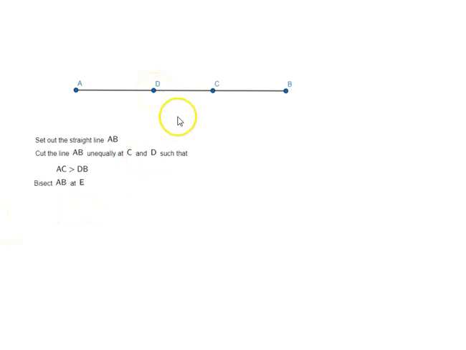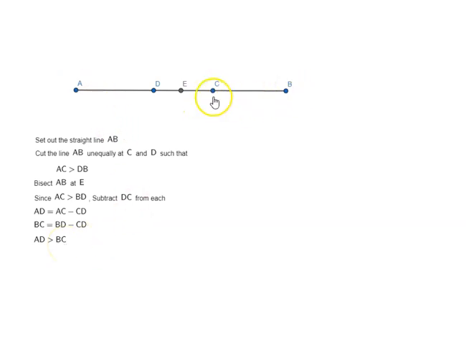Bisect AB at E, which means since AC is greater than BD and CD is common to them, let's subtract CD from each. So AD is equal to AC minus CD. Similarly, BC is equal to BD minus CD, which means AD is greater than BC.